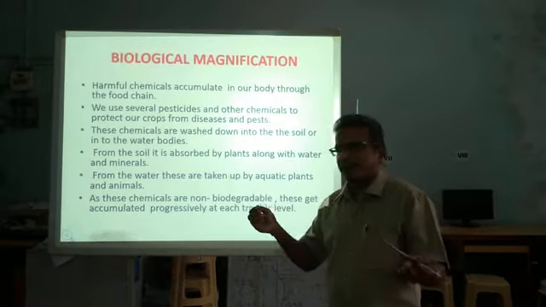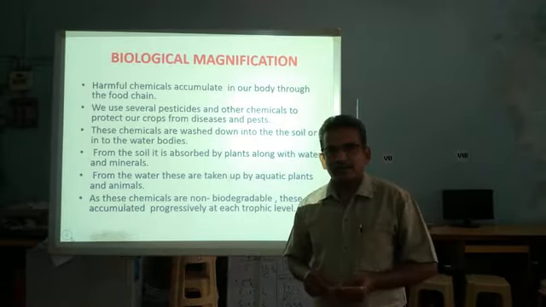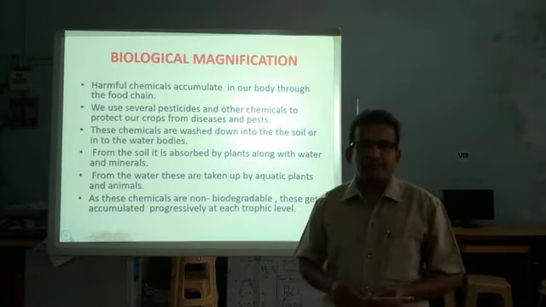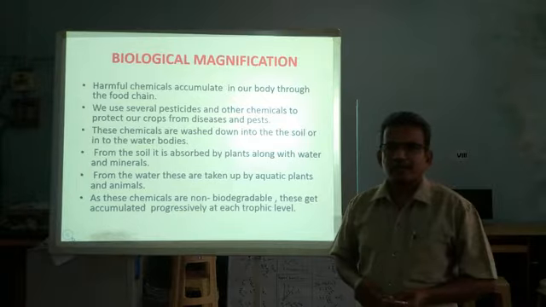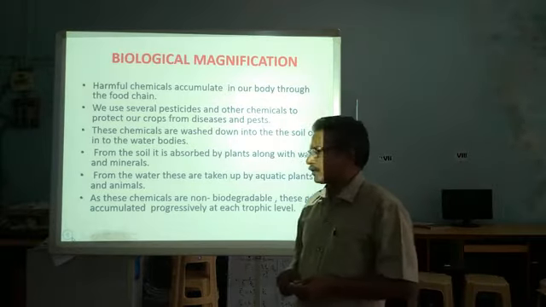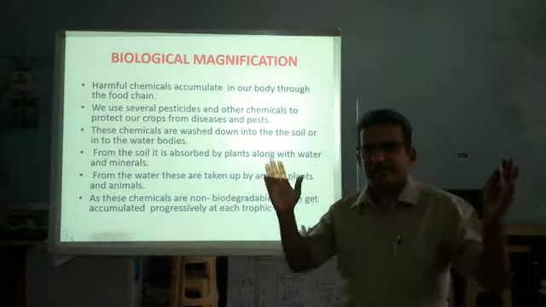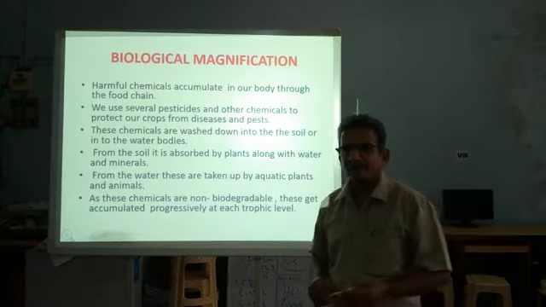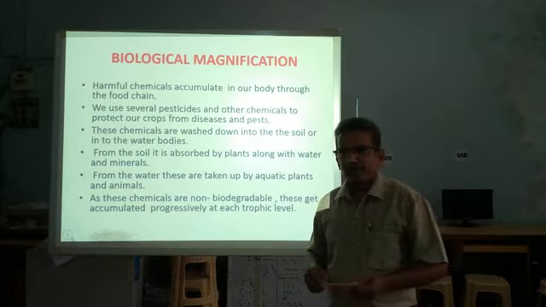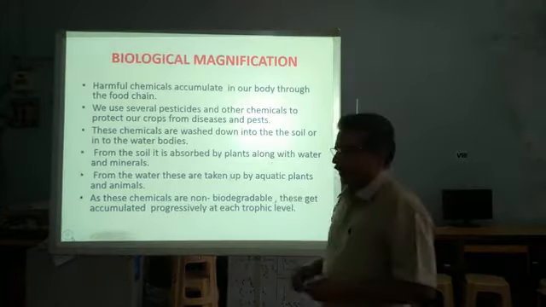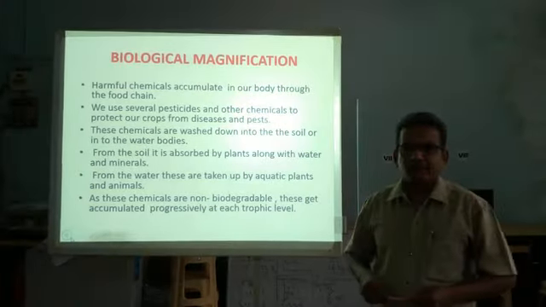But what is the problem with these chemicals? They are very stable and cannot be digested by our enzymes. So what is the result? They start depositing in our body tissues, and we know that these are very harmful to our life.